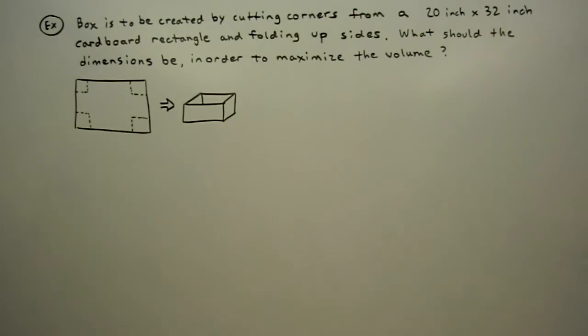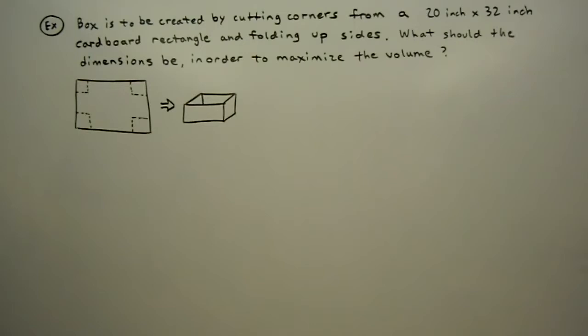Now I'm going to be doing a demonstration of the very famous box problem. What you're considering here is that you have a piece of cardboard that's a rectangle, 20 inches by 32 inches.